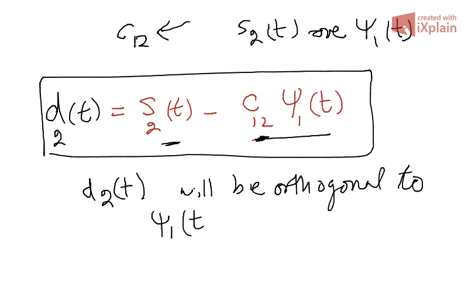Why will it be orthogonal to psi 1 of t? Because the projection of S2 over psi 1 is already subtracted, so you have no projection of this signal D2 of t over psi 1. Let me clarify this graphically.